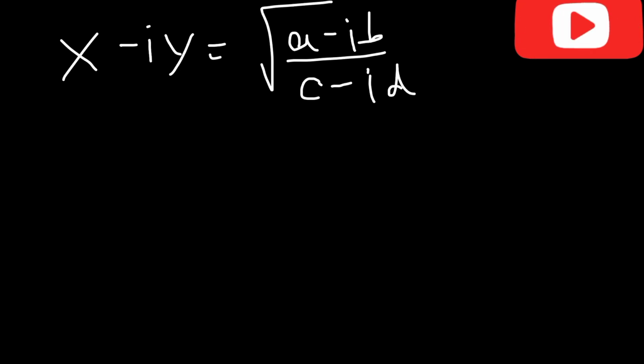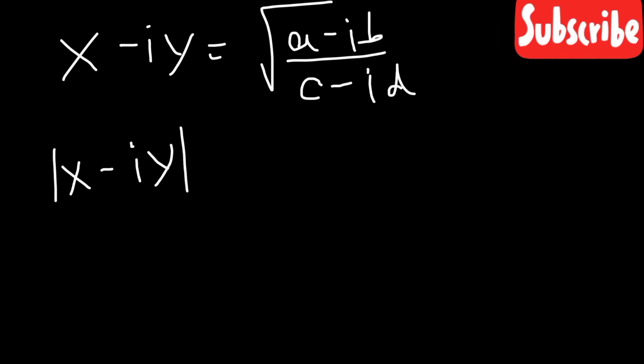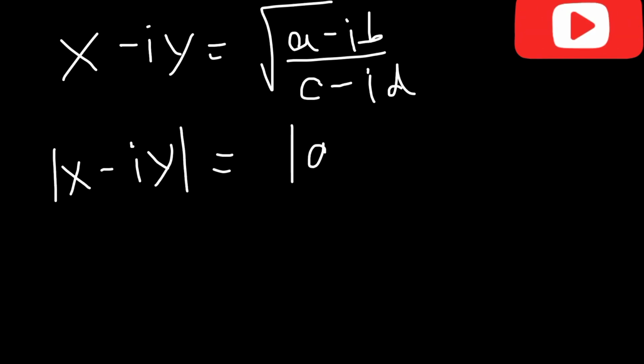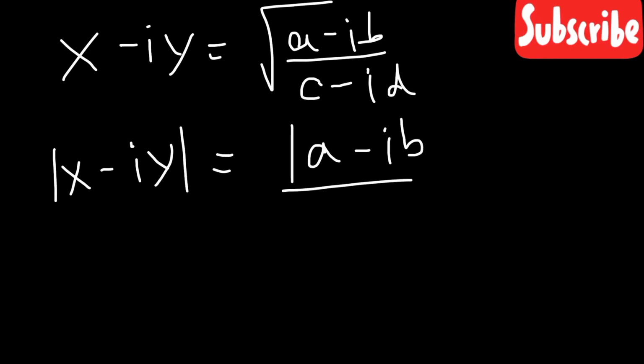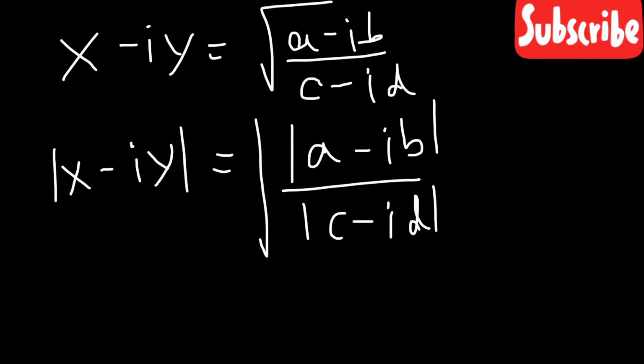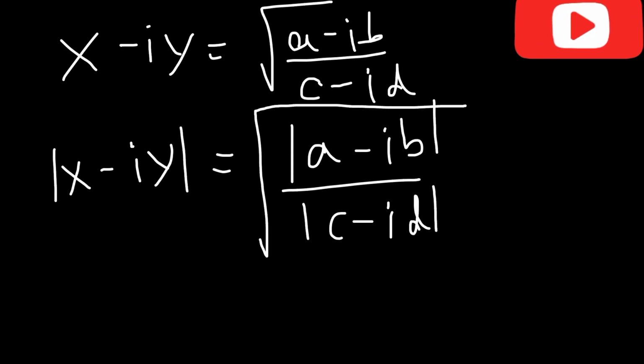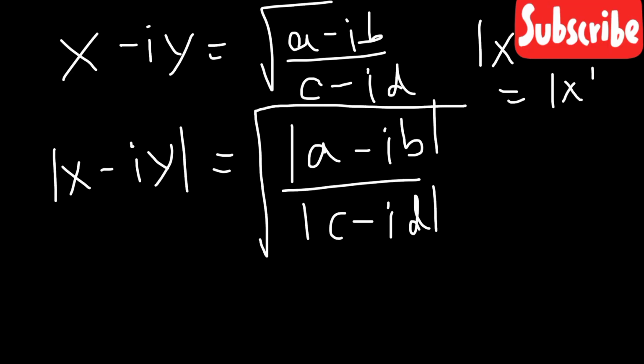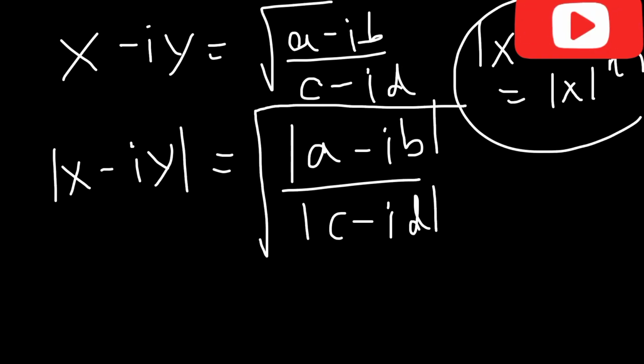Now taking modulus on both of these sides, I will get mod of x minus iota y is equal to mod of a minus iota b upon mod of c minus iota d, and of course a whole root. Now, this is an important property that mod of x raised to power n is nothing but mod x raised to power n. This is an important property that you must remember to solve these type of questions. That is why I directly wrote modulus inside the root.